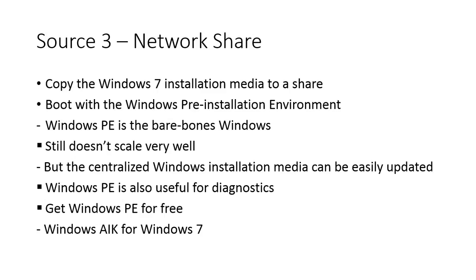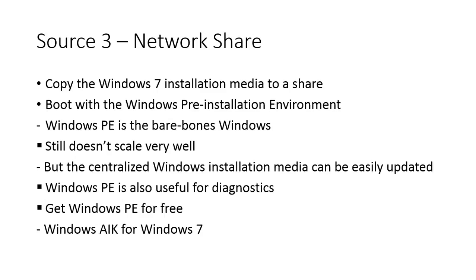But when you want to install Windows 7, how will this network share help you? You can boot with the Windows pre-installation environment, Windows PE, which is the bare bones of Windows. But it still doesn't scale very well.